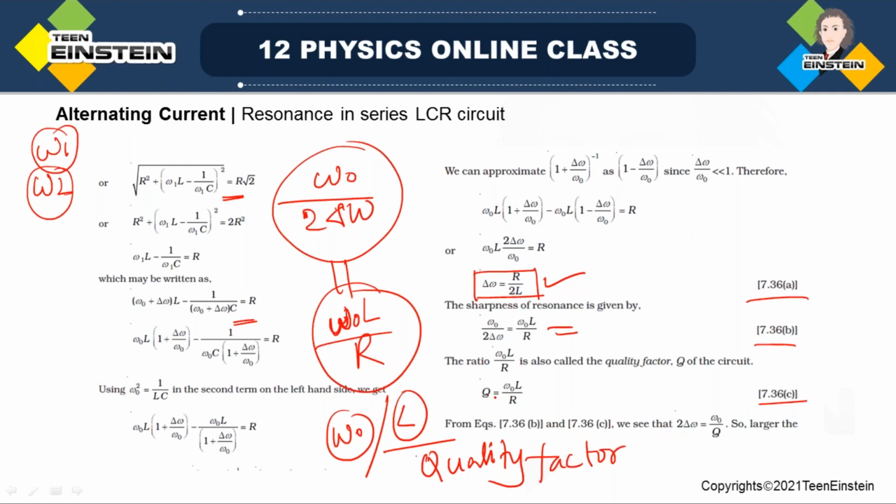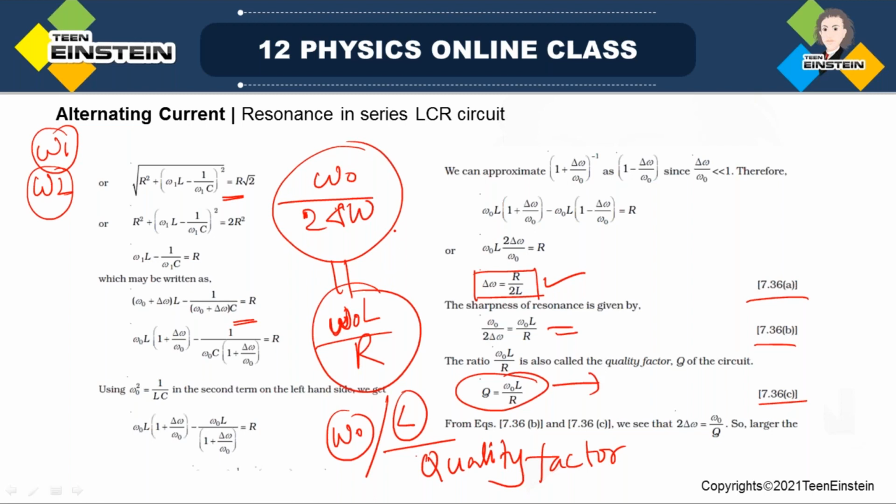The quality factor is defined by omega 0 L by R. So what is the relation between quality factor and sharpness of resonance? If your quality factor is more, your sharpness of resonance is also more.